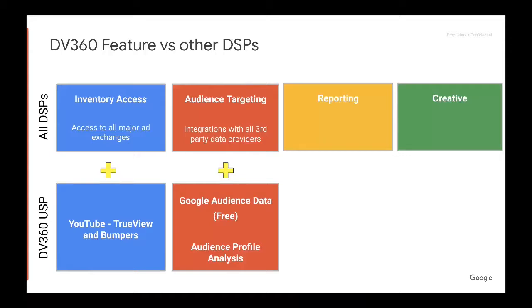Secondly, for audience targeting, most DSPs have already integrated with third-party data providers. But for DV360, we have Google Audience Data, which is free for our users. And we also have Audience Profile Analysis.